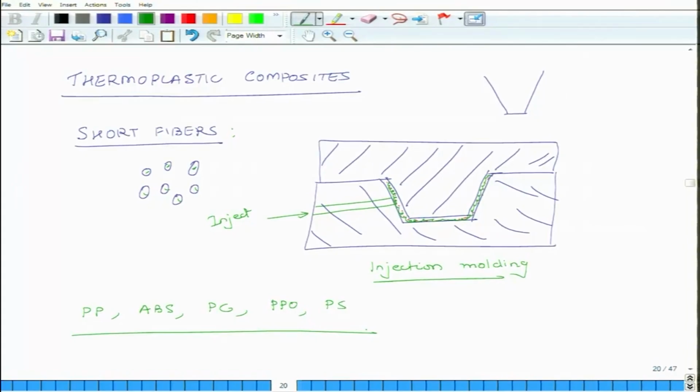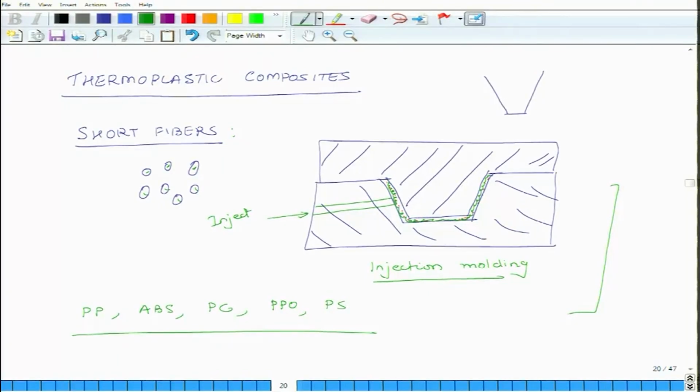So, these are very common thermoplastic matrix materials which are used, and they are embedded with fibers. So, the fiber adds some strength and stiffness to the system. So, that is the general process used for short fiber thermoplastic composites.